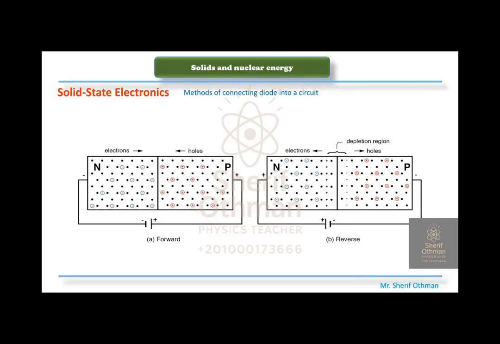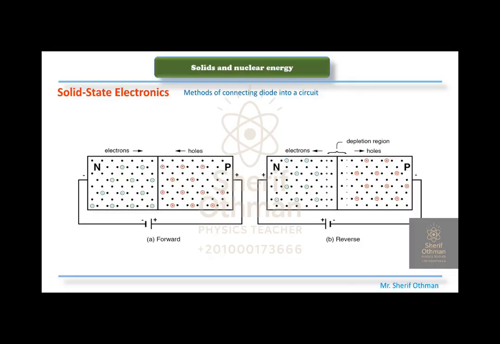As I told you guys, here is the forward connection. The electrons are able to move from N to P, and holes move from P to N easily, as we have a great number of electrons sufficient to close all of the holes, so the electric current will flow easily.